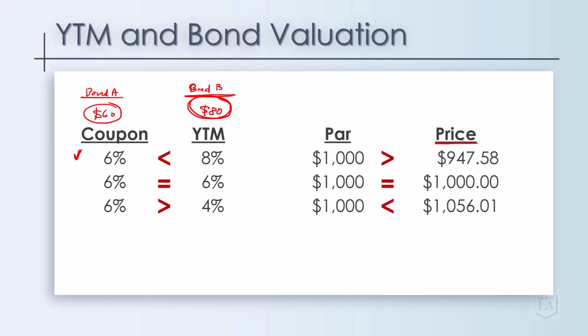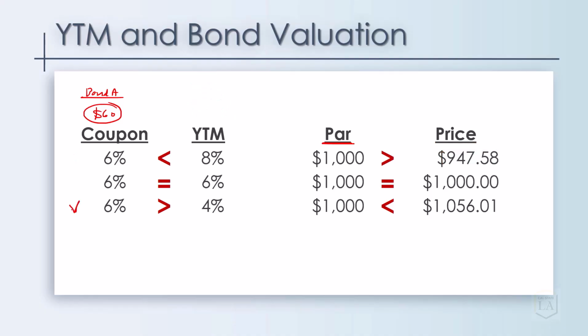Another way to understand it is that there will be less demand for bond A, so the price will have to go down. How much lower? Compared to the par value, because the coupon payments have been decided by the par value, it will have to be smaller than what was stated on the contract, the par value itself. And that's why it's being sold at a discount.